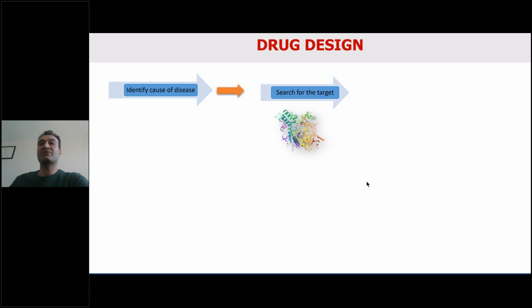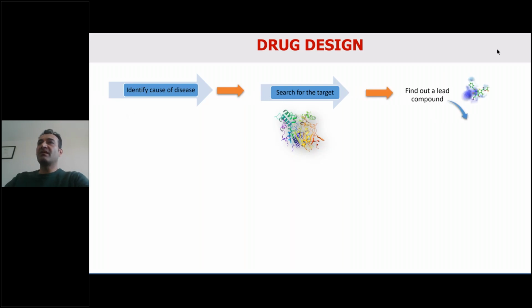They are isoenzymes and have different subunits. For example, phosphoinositide 3-kinase has 4 different subunits: alpha, beta, gamma, and delta. If you are interested in an anti-inflammatory effect, you have to select the gamma type. So selecting the correct target is crucial here.